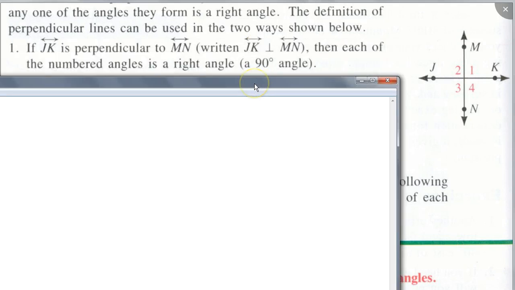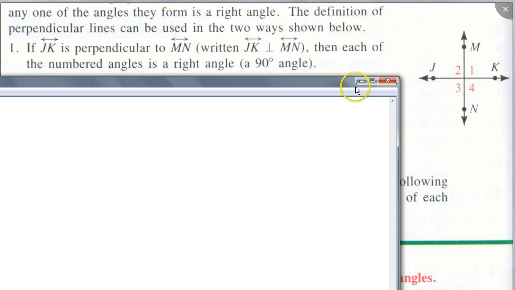Here's our first way: if line JK, as you can see on the right side, is perpendicular to line MN, written with the symbol right here, an upside down T. What do you think that represents? Yeah, perpendicular. Good. Then each of the numbered angles, 1, 2, 3, 4, guess what?